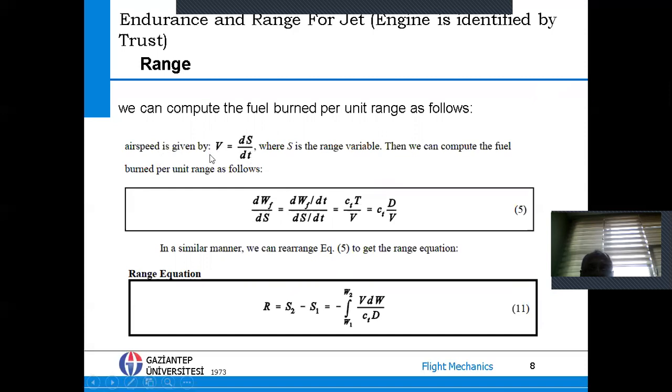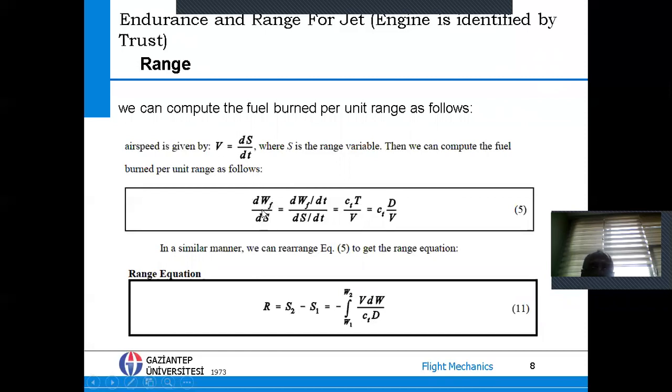S is the distance, so S is the range variable. Okay. Then we can compute the fuel burned per unit range as follows. So dW over ds, this is the amount of fuel, and this is distance. Okay, so how much fuel we have divided by how much distance we have.